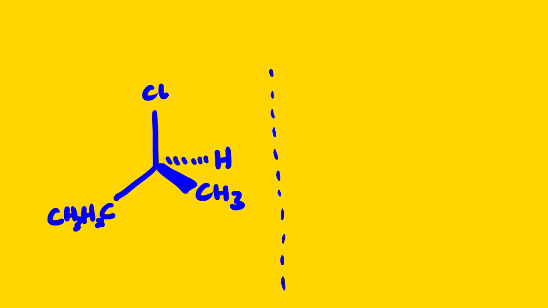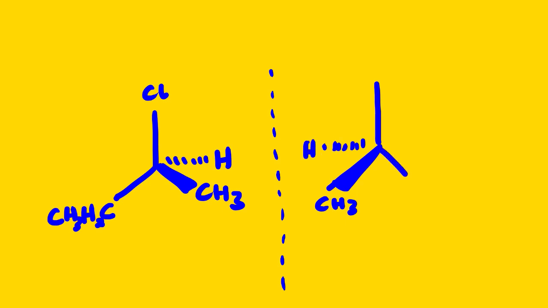We put a mirror here. And then we can see that the drawing will be like this. And then we are going to have this, which is CH3, and then we have hydrogen. We have our ethyl here, and then our chlorine here.